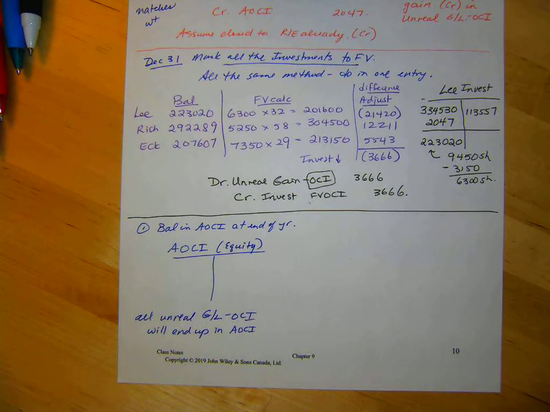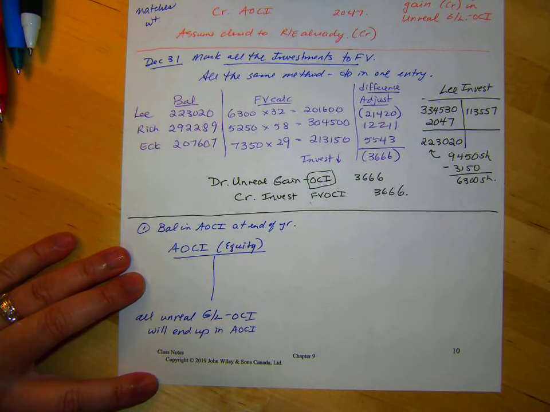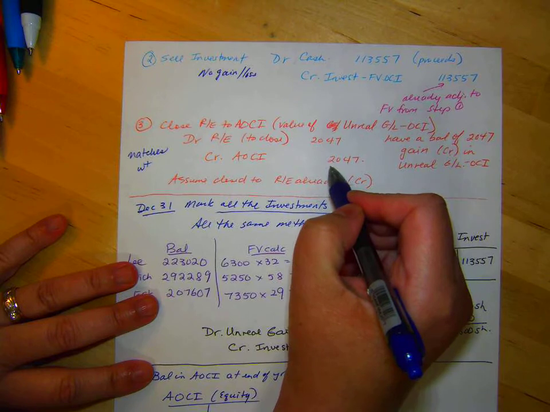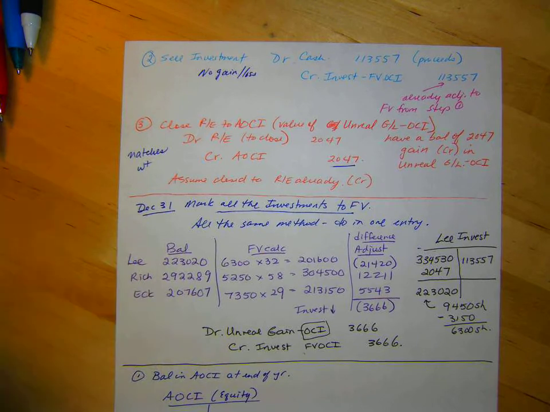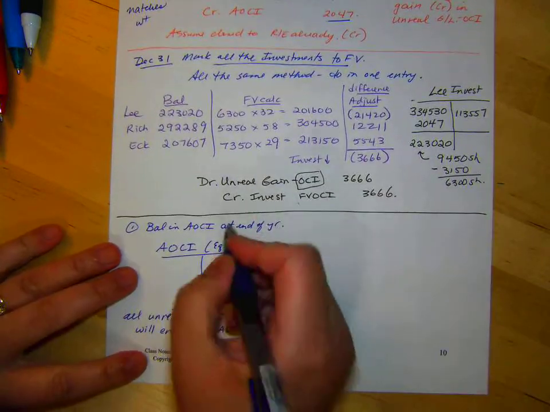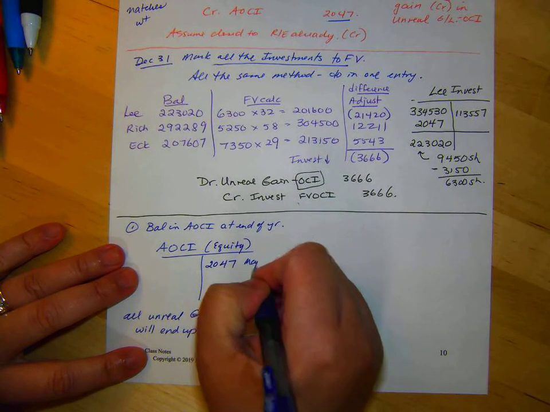So this was our first year we ever had these. So to start off, the first time we had AOCI was up here when we sold some of the shares. So we've got a credit of 2047 for May 20th.